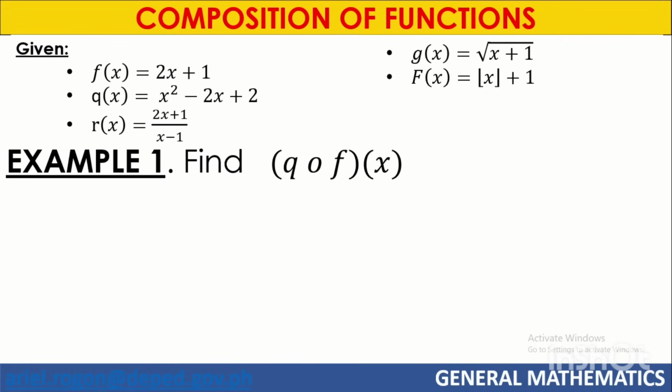Okay, given f of x is equal to 2x plus 1, q of x is equal to x squared minus 2x plus 2, r of x is equal to 2x plus 1 all over x minus 1, g of x is equal to the square root of x plus 1, and the capital letter F of x is equal to this one, that will be a constant.